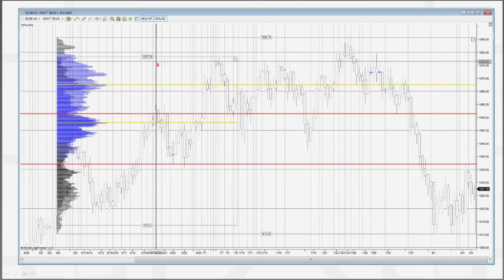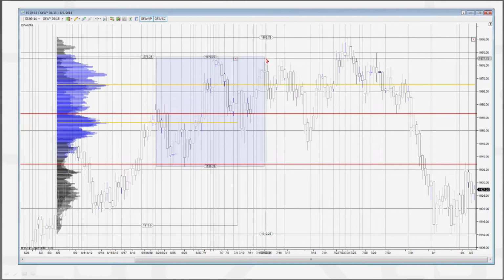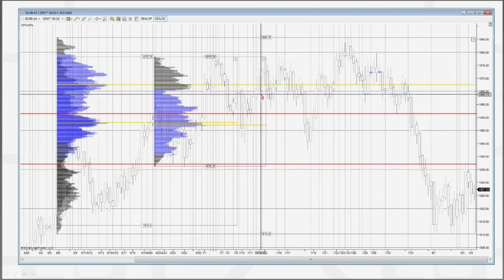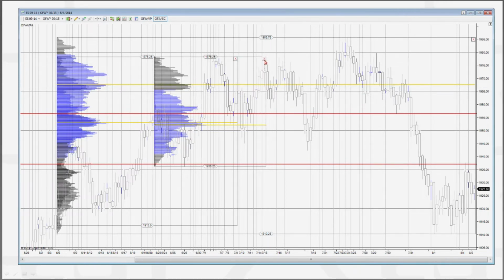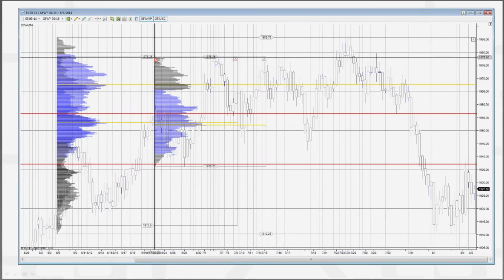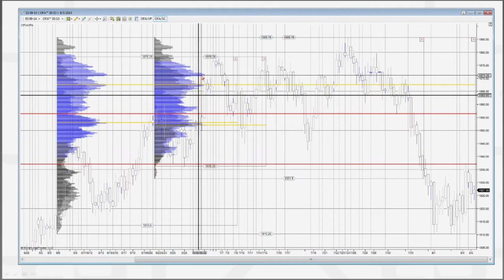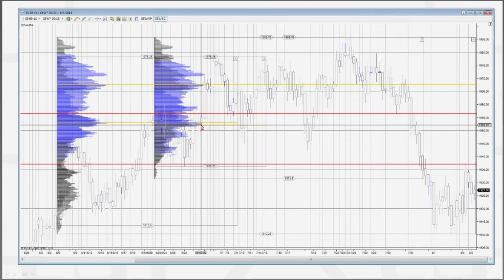So what that means to me is, as I start building this data, say we get up to this date, this starts to become a very important profile, and I want to continue to see how it develops over time with these swing highs and swing lows. The longer it stays up in this area, the more valid these levels are.